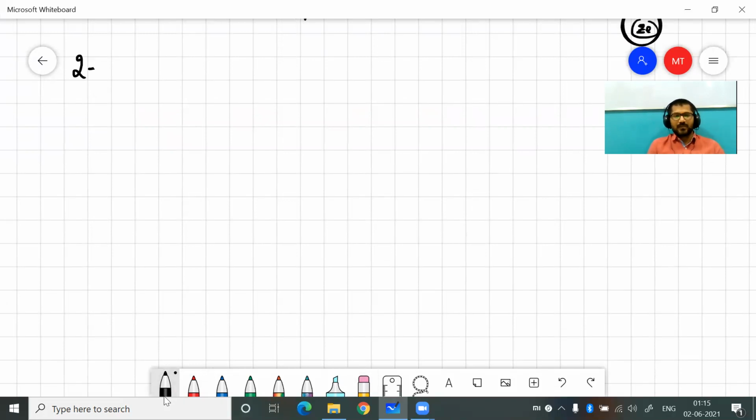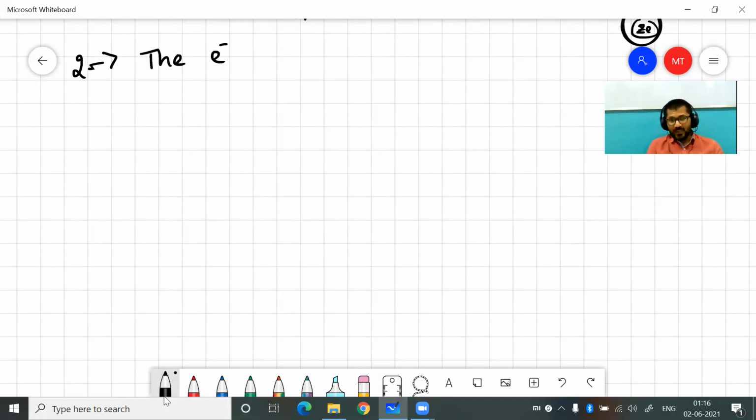In the second postulate, Bohr has proposed that these electrons revolve only in allowed circular orbits for which the angular momentum is an integral multiple of h by 2 pi. So that can be expressed like this. Write down this, everyone.